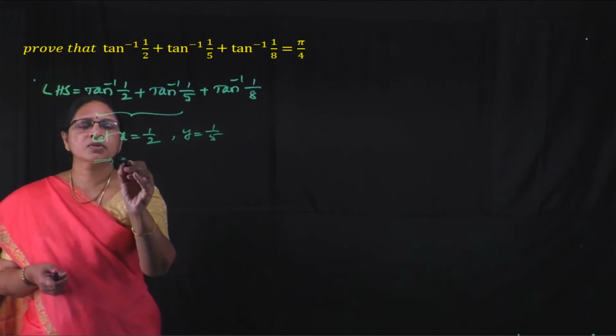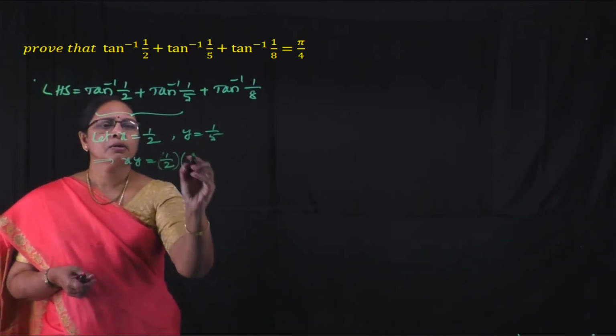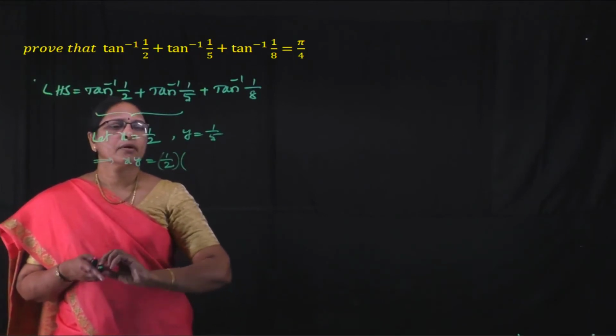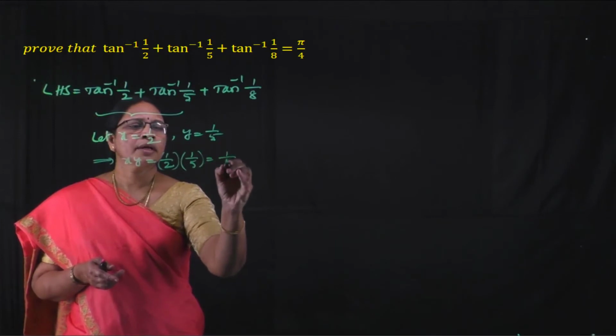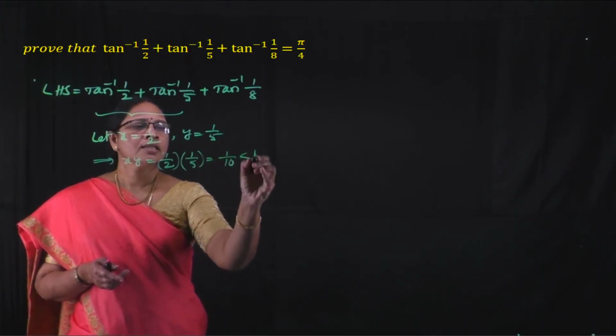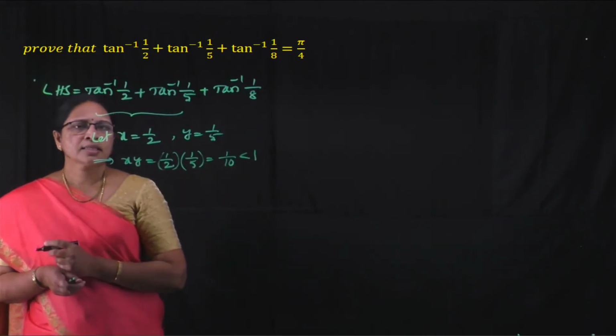This implies xy is equal to 1 by 2 into 1 by 5, that is 1 by 10. That is less than 1. Here xy is less than 1.